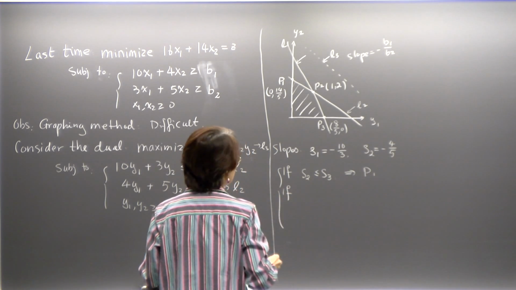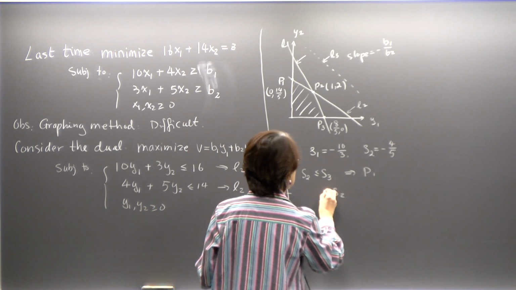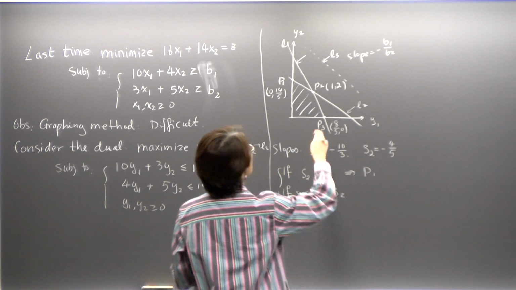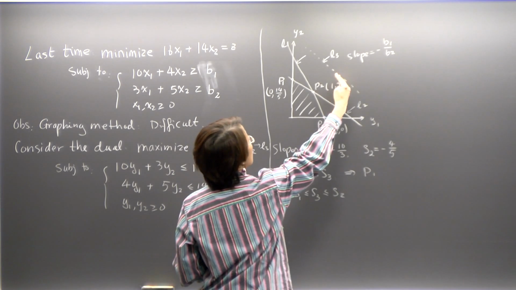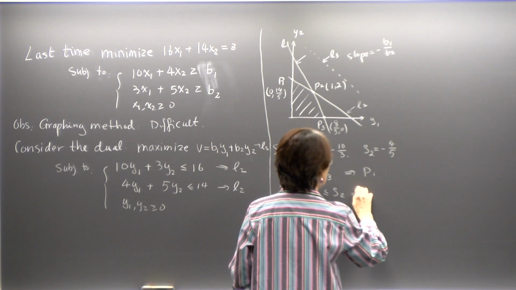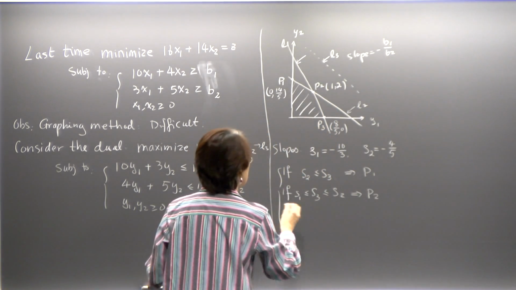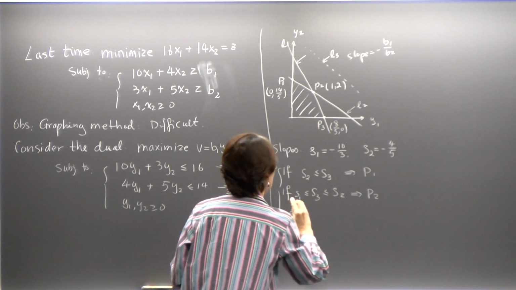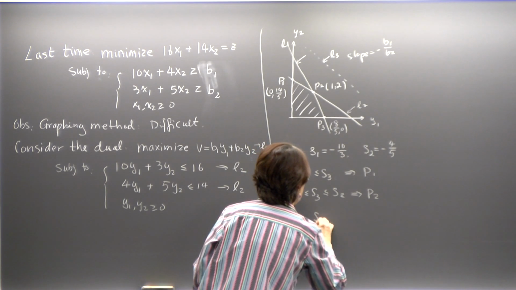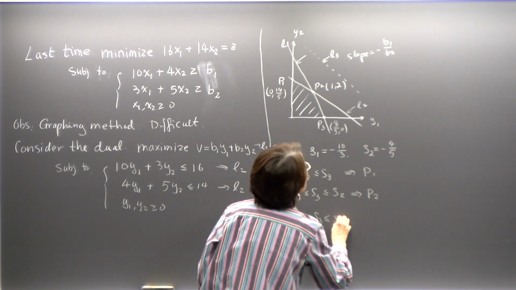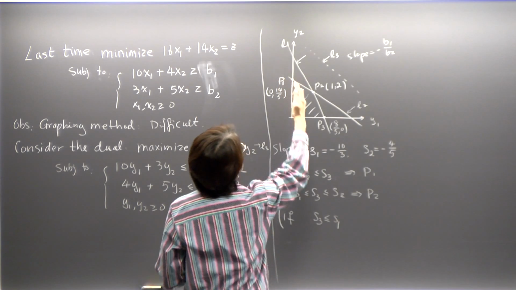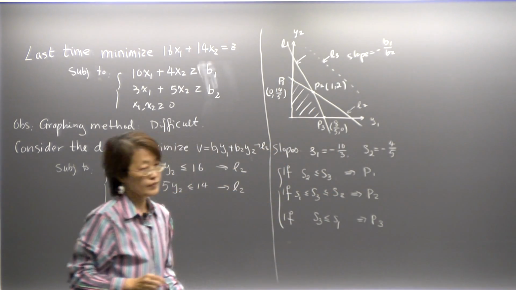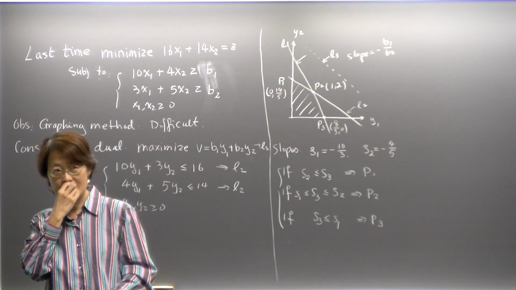And then if it's between S2 and S1, then that will be as illustrated here. As you come down, you will hit P2. Okay? And the last one is if it's very, very steep, and then you will hit P3. So if S3 is even more steep than S1, more steep than this one, then you will hit P3 as the optimal point. Is that clear?